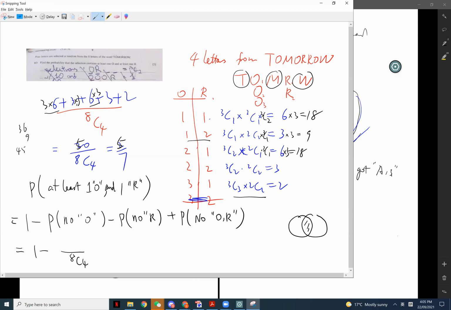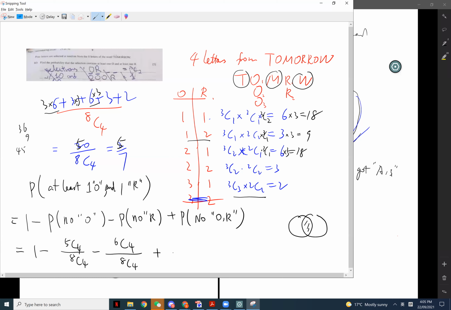Jeffrey, what's the numerator for no O? 5C4. Good. What's the probability of no R, Jeffrey? 6C4.